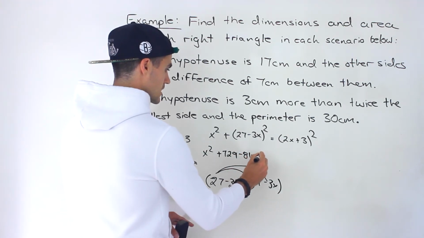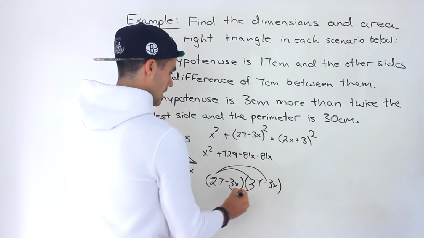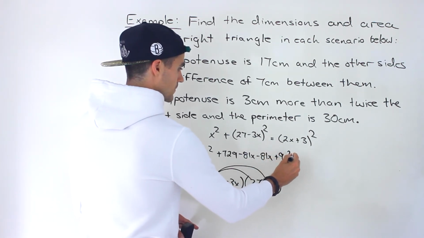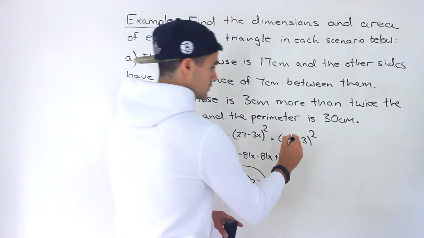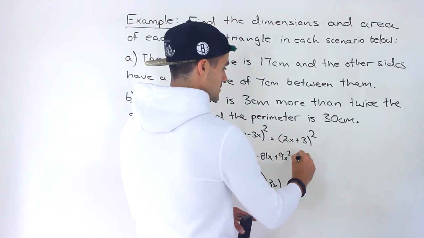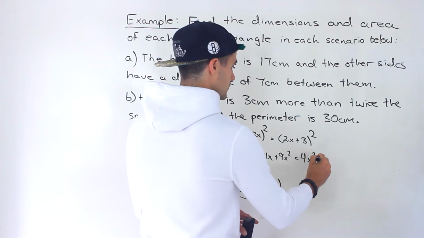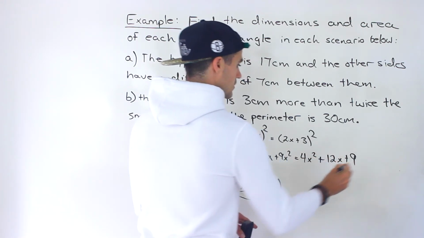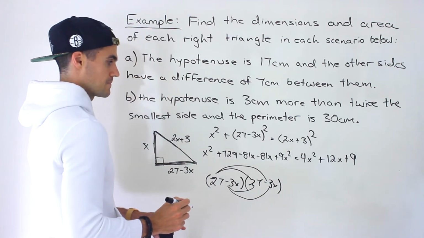This would be minus 81x. And then negative 3x times negative 3x would give us positive 9x squared. Equals, then if we do 2x plus 3 times 2x plus 3, that one's pretty simple, so I will just write out the expanded version like that.